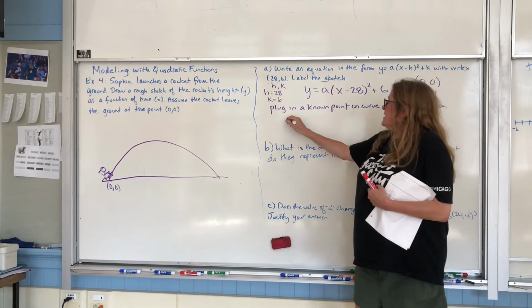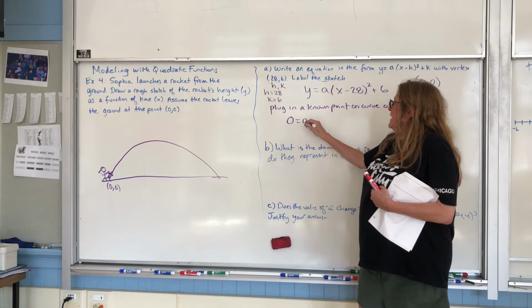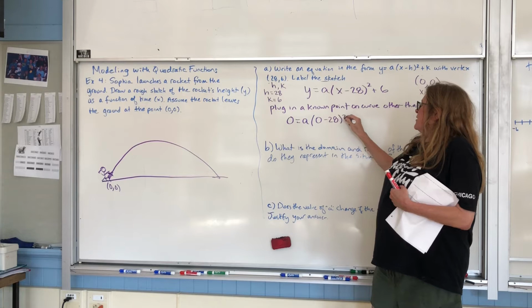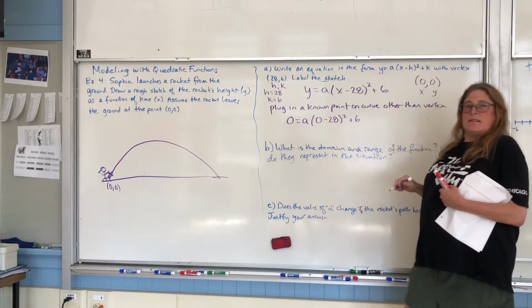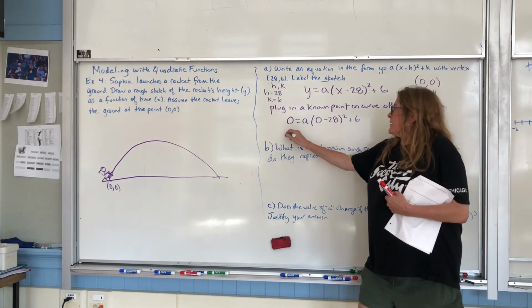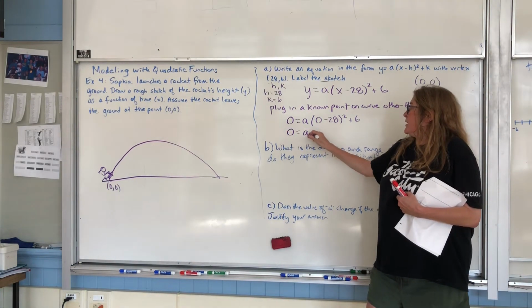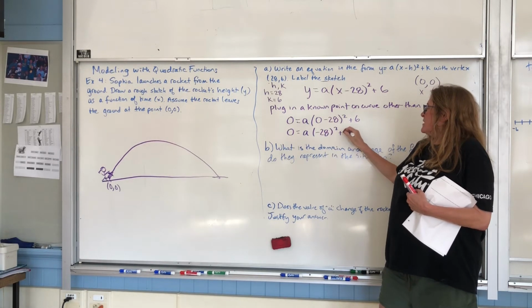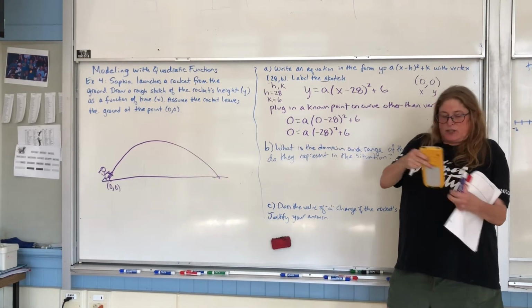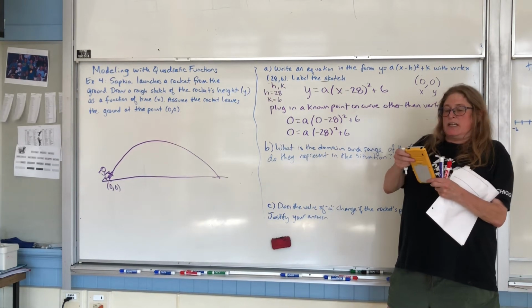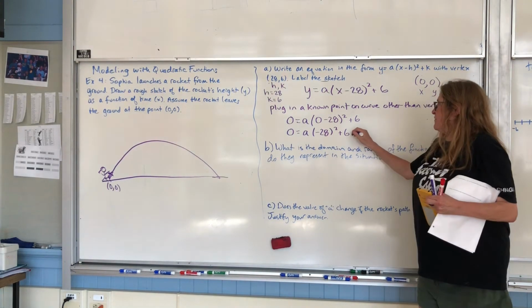So I'm going to say 0 equals a times 0 minus 28 squared plus 6. So let's start PEMDASing this. That gives me 0 equals a times negative 28 squared plus 6. I did 28 squared before I started this, but it equals 784.